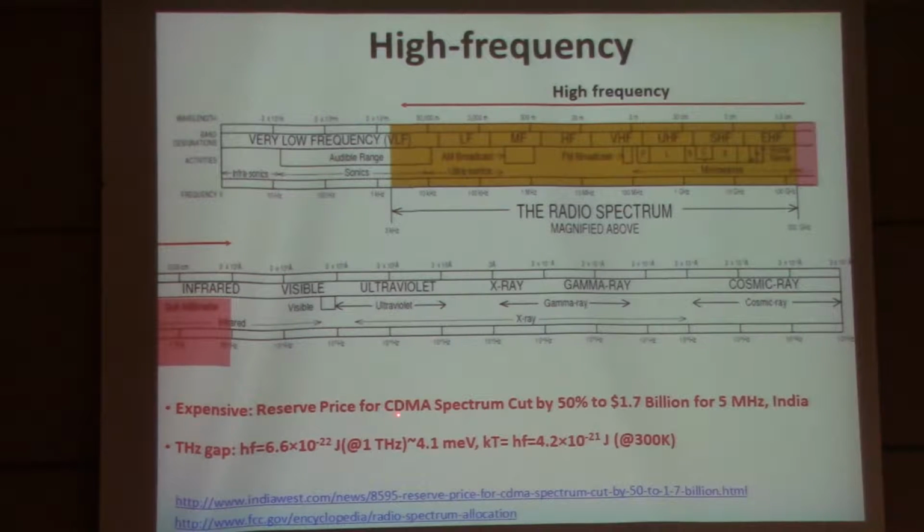This was 2 or 3 years ago. They reserved a price for CDMA spectrum, just 5 megahertz. It was $1.7 billion for the right to use that 5 megahertz spectrum. It's very expensive. That was why when a professor, I think at Cornell, invented this CDMA code.